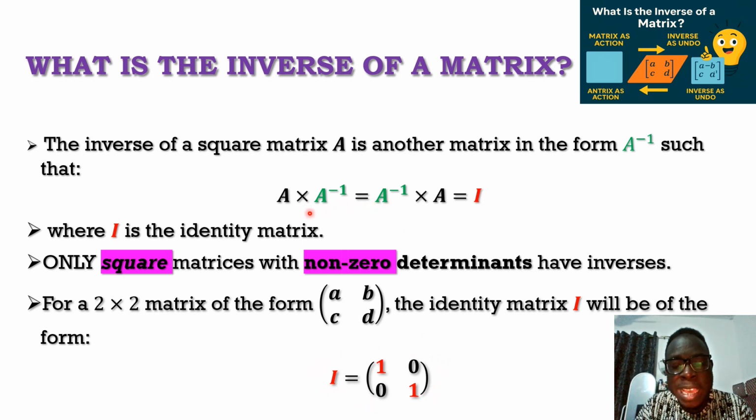So if A power -1 is the inverse of A, then the product, that is the matrix multiplication of A, the matrix and its inverse, will be equal to the identity matrix I, which is of the form 1, 0, 0, 1.